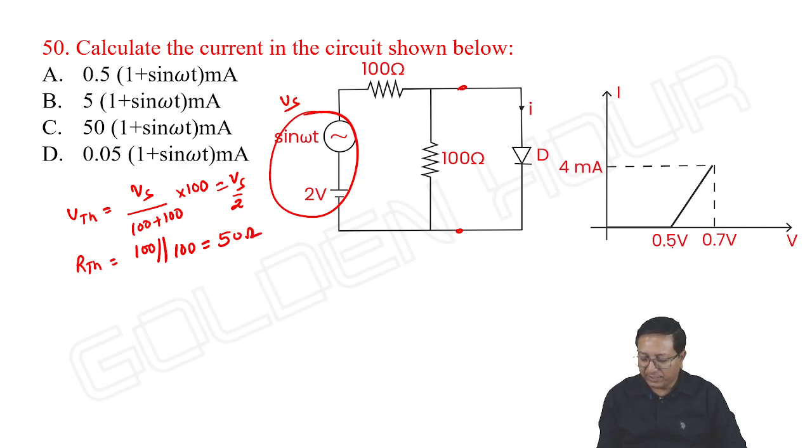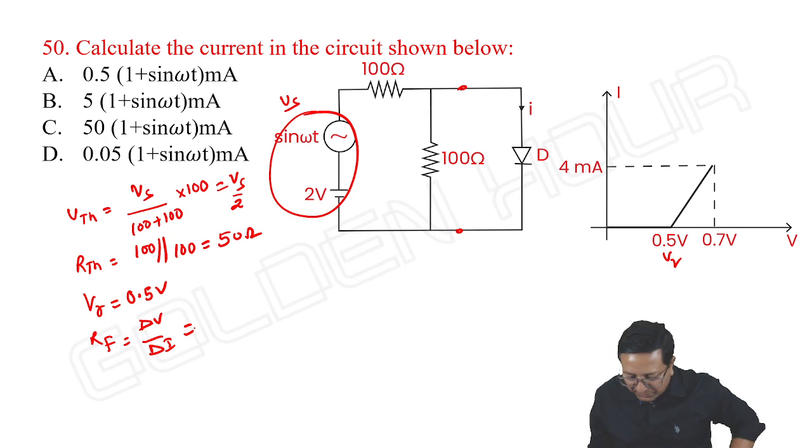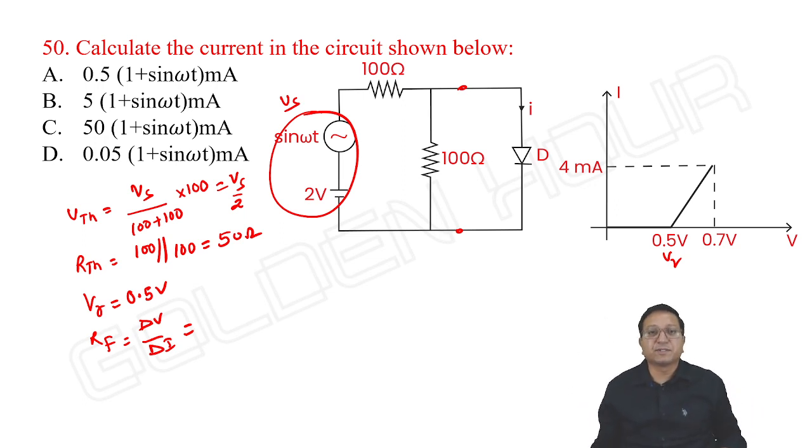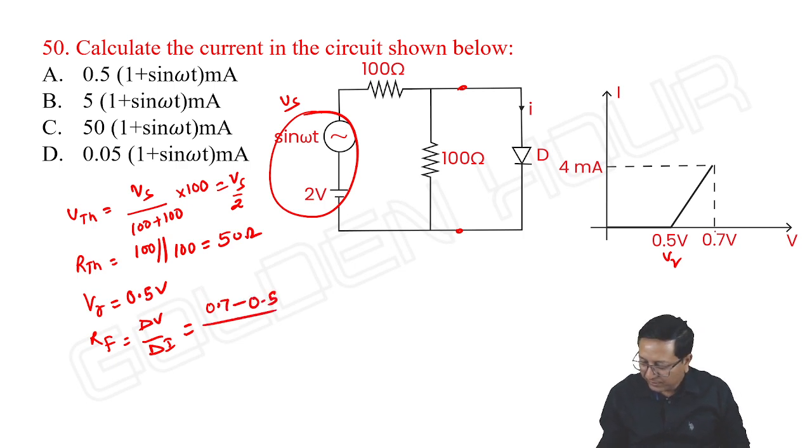Next, from the given data, we can understand that V gamma is equal to 0.5 volt. Then how do we find RF? It is delta V by delta I. Delta V means change in voltage. I can write 0.7 minus 0.5 right here.